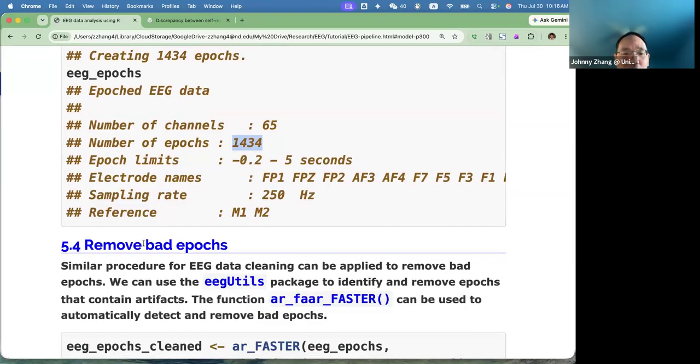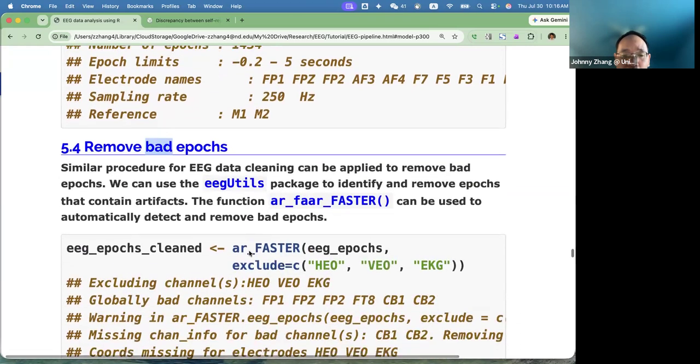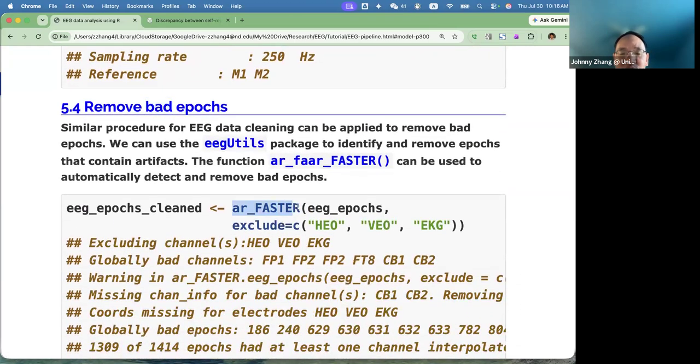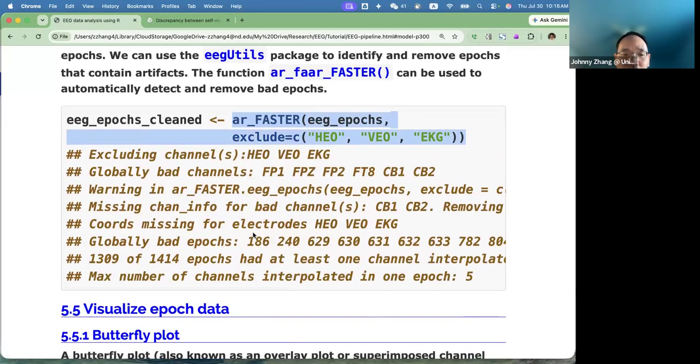So I can remove some bad epochs. I can use the same function here to remove epochs, but now it removes based on each epoch instead of the whole electrode or whole channel.